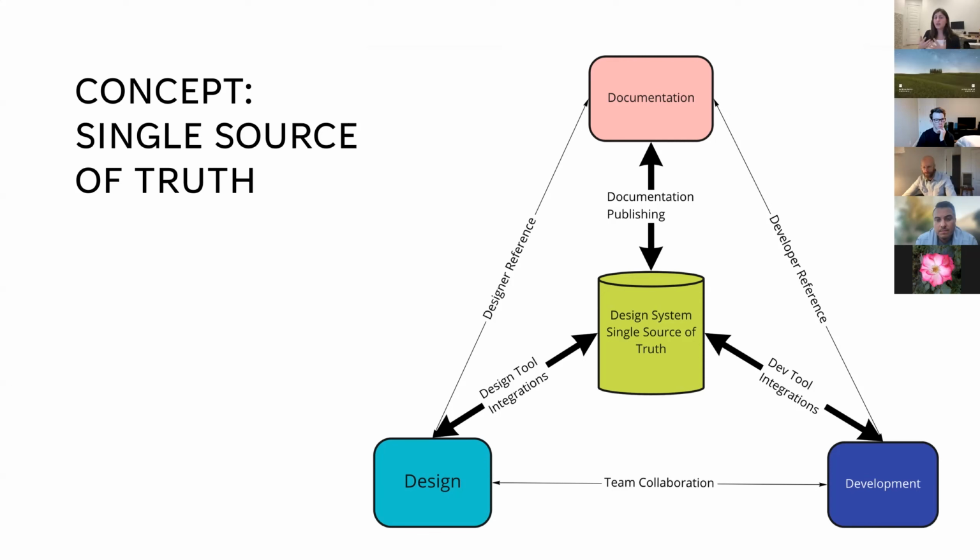You're using tools and build processes that push out the data of the design system, the tokens, and any assets and conversions you have to do, into the design and development spaces. Documentation is kind of on its own, but it's also stored in the same place, in the same version, because remember, we want it to be versionable.